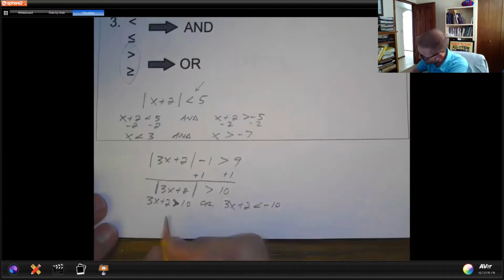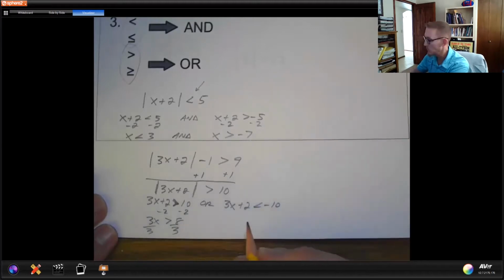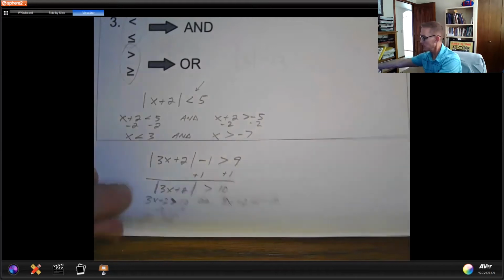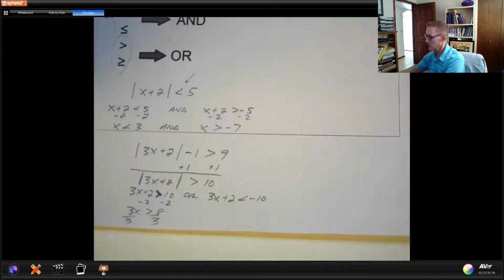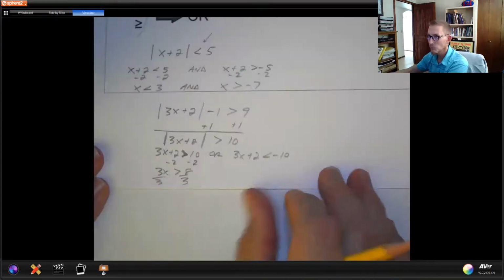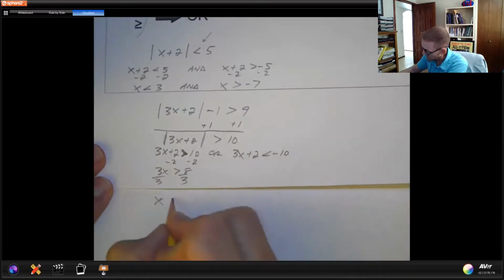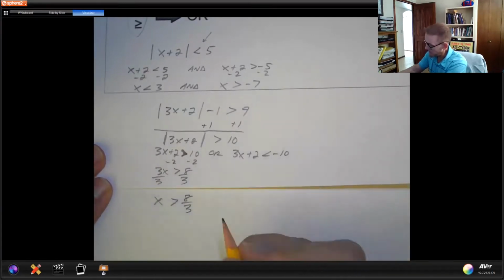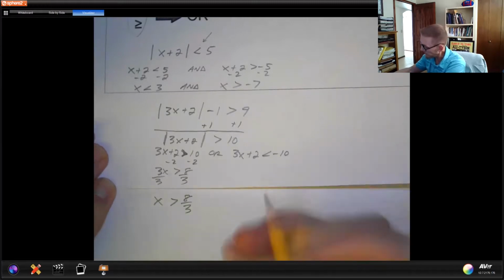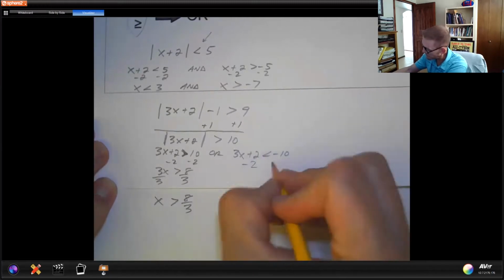Solve both inequalities, subtract 2, divide by 3. Ran out of room here, folks. Let's just go ahead and put a little piece of paper underneath it here. Extend this on. So x is greater than 8/3. And then over here, subtract 2, subtract 2.